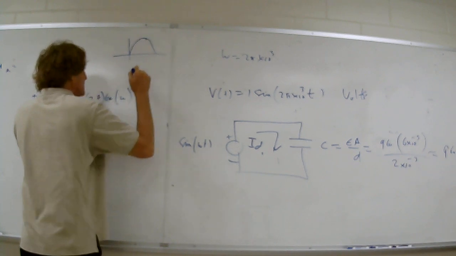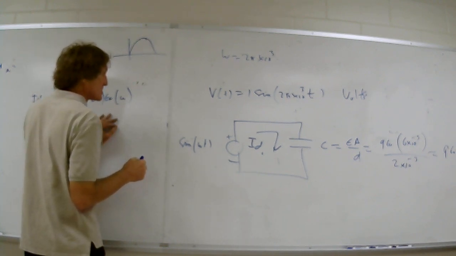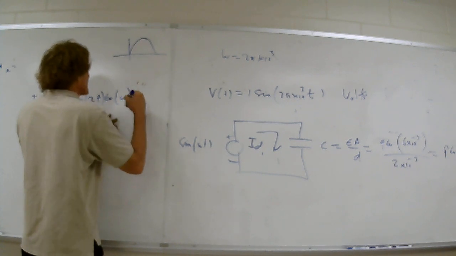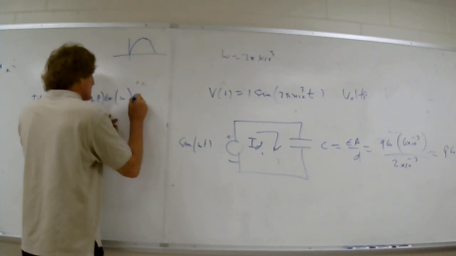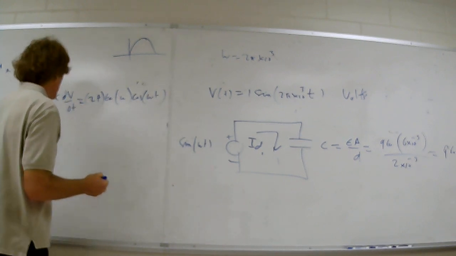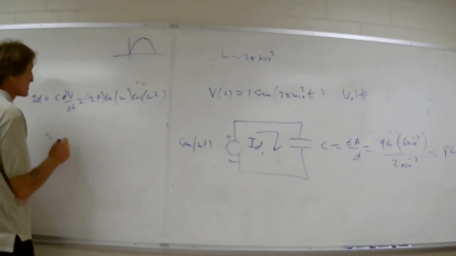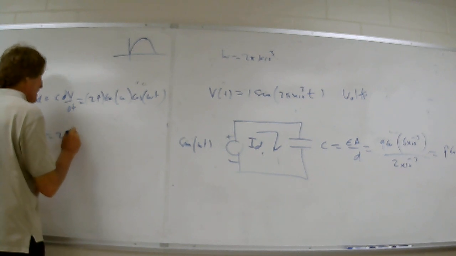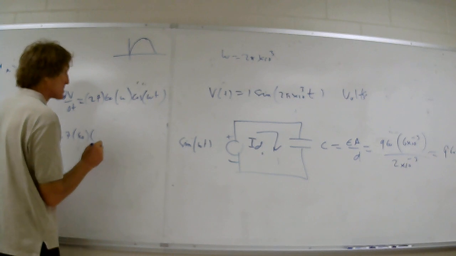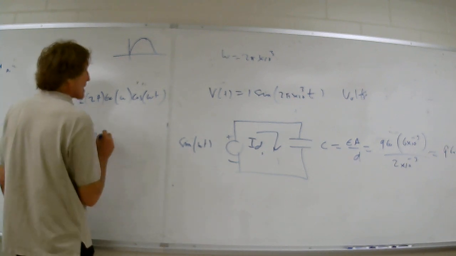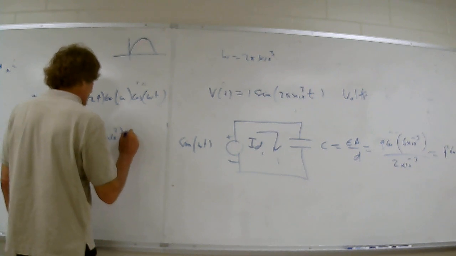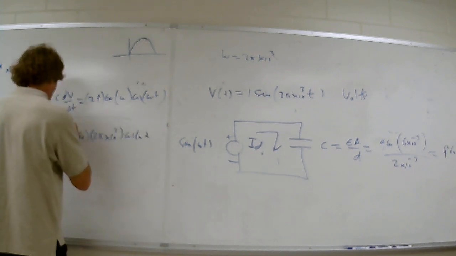Derivative of sine is going to be omega times cosine of omega t. And that means I have 27 times epsilon naught, times omega, which is 2 pi times 10 to the third, times the cosine of omega t, so we can get the magnitude right here.